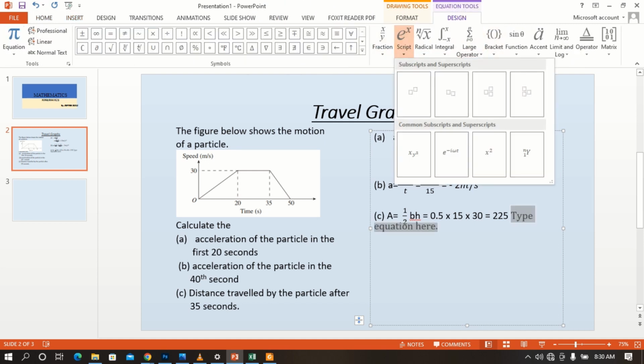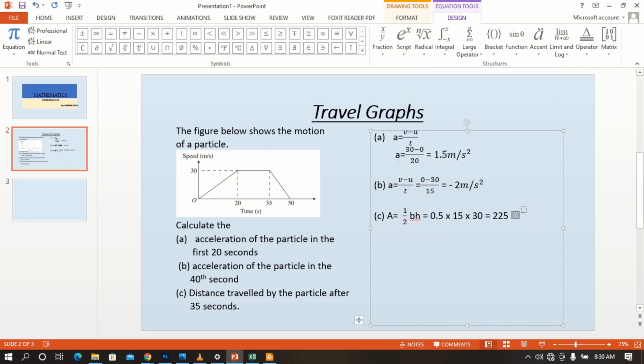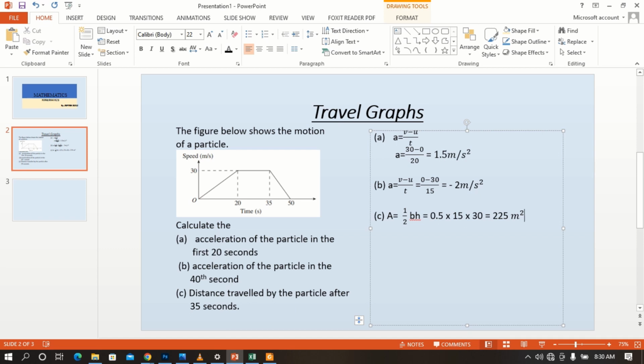So 225 meters squared, sorry, not per second, but meters squared. My mind is still calculating acceleration. Okay, so this is the area, but are we calculating area? No, we're calculating the distance. So we say the distance traveled by the object after 35 seconds is going to be 225 meters, just meters, not meters squared.